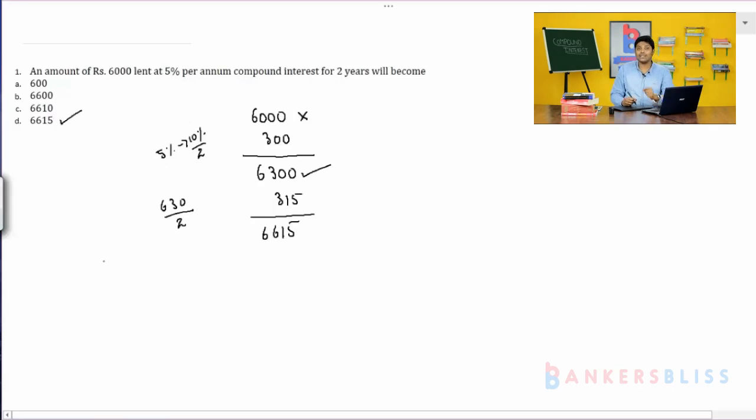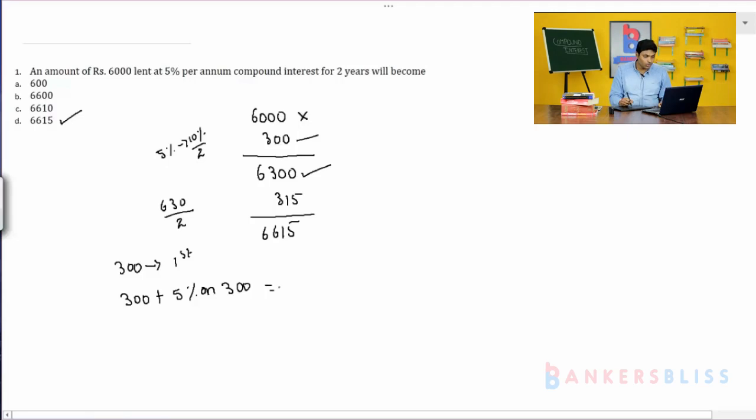Otherwise, by taking only the interest amount also you can calculate. Interest amount is 300 for the first year. Based on that, the interest amount for the second year will be 300 plus 5% on 300. Already I have explained why we have to take it like this in the introduction part itself.